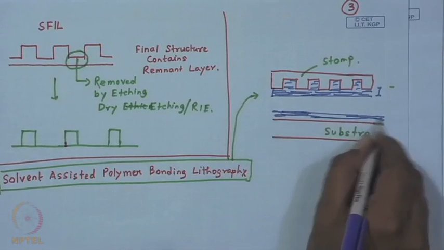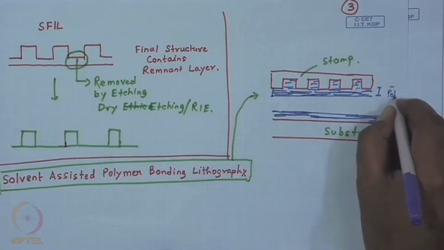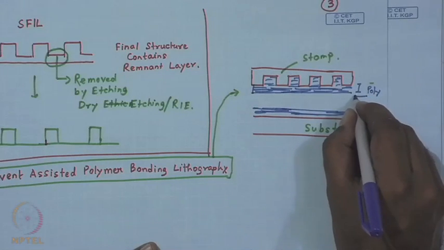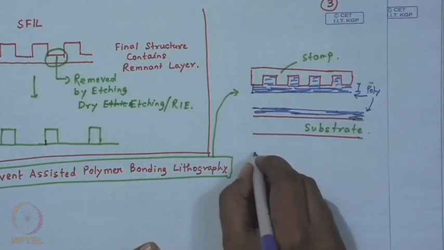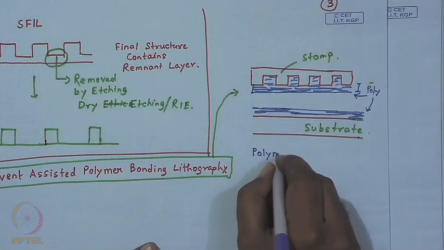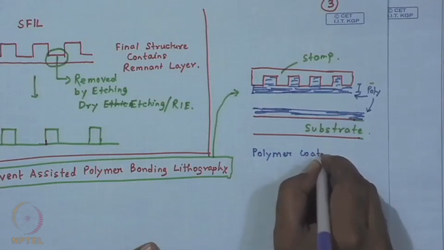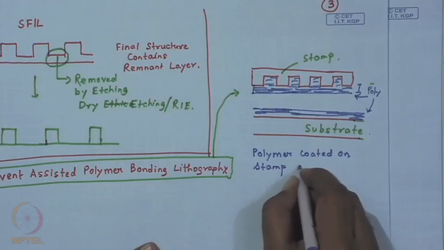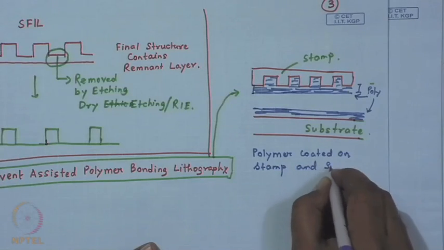which is coated both on the stamp and substrate.